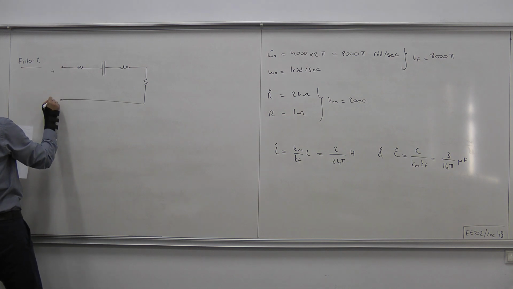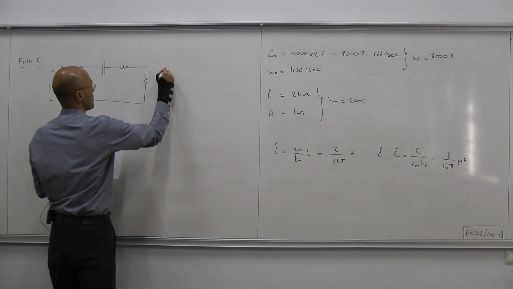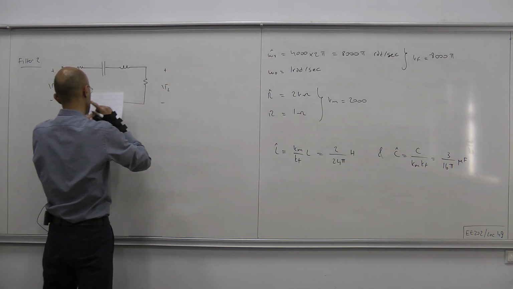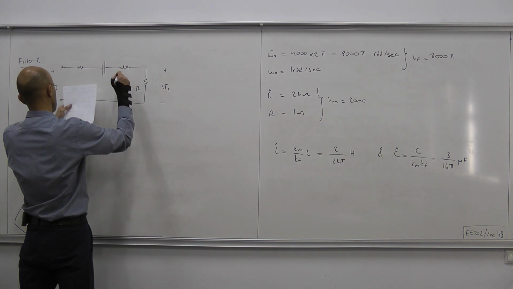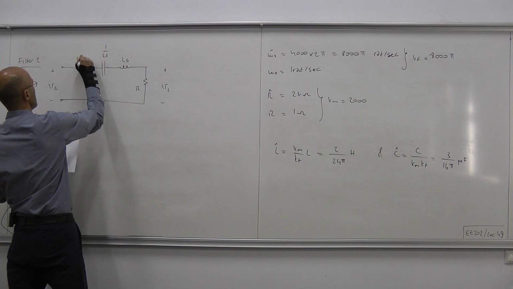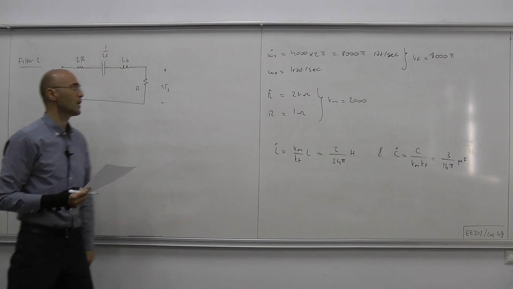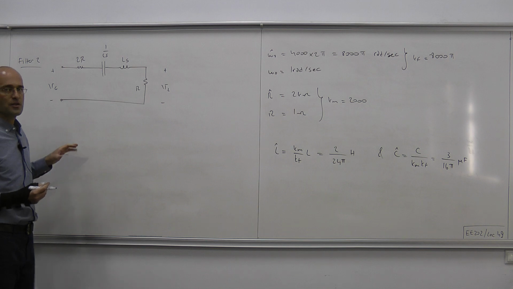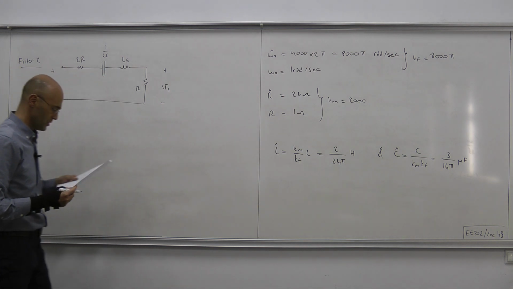We have the source Vg, the output across R, Ls, 1 over Cs, and here we have 2R. Again, the transfer function can easily be computed through voltage division.